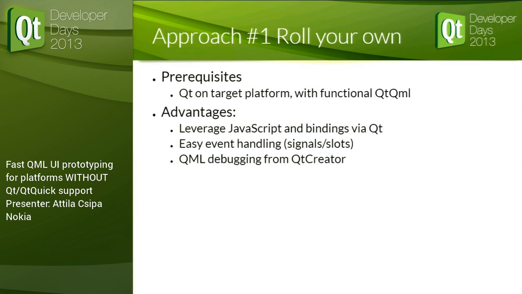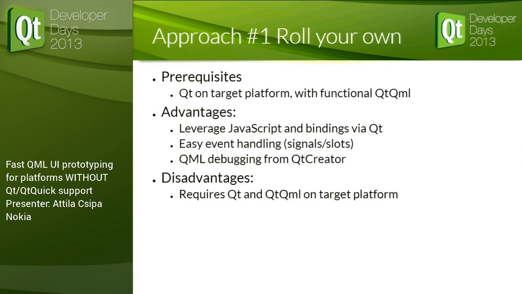The advantages are that we still have the full power of the JavaScript story, the QML story, and we have access to signal slots, the event handling, and we even have the QML debugging active from QtCreator. So it gives us almost all of the benefits. And of course, the disadvantage is that we do require QtQml on the target platform. So that wouldn't apply for this guy here.